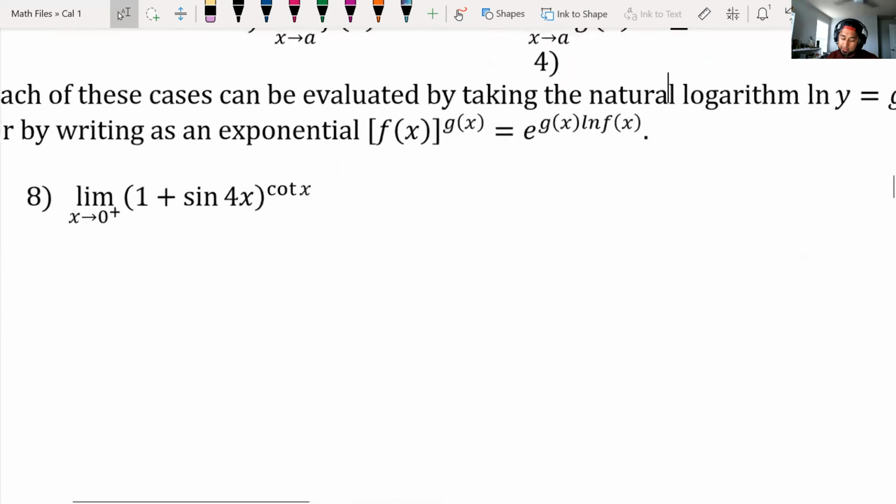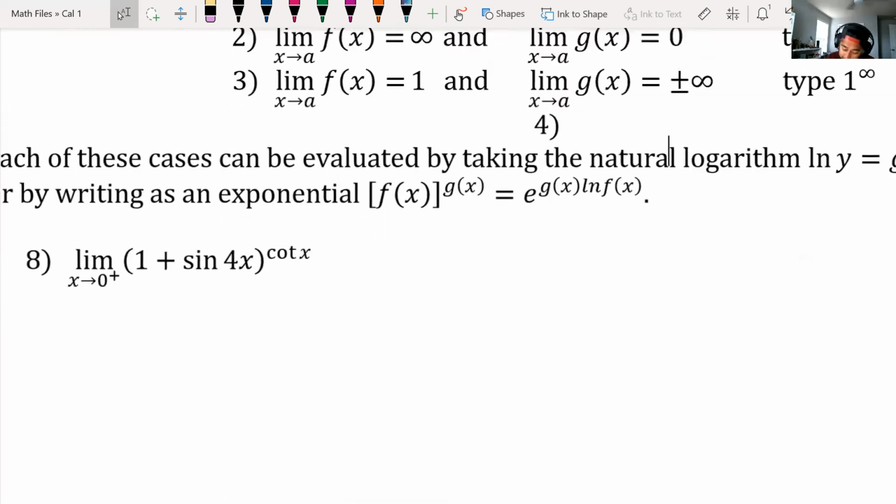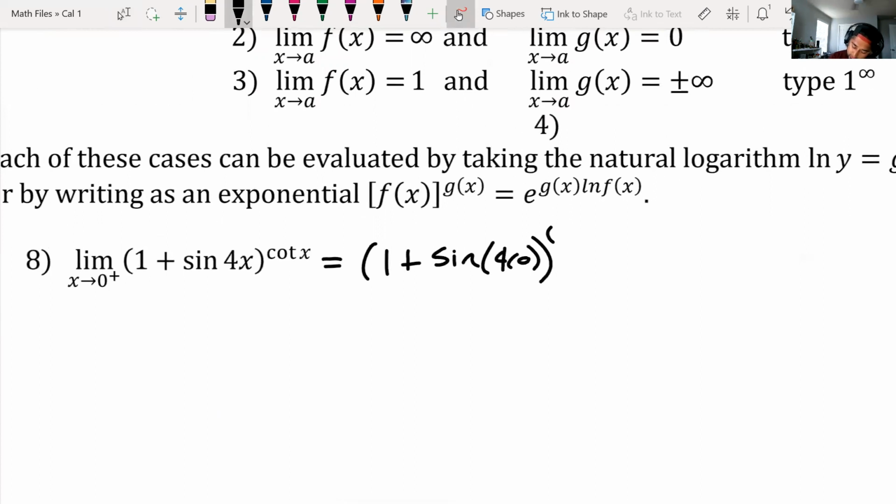Number 8. Of course, we plug in the number first. So we're going to plug in 0. So this would give me 1 plus the sine of 4 times 0, which is just 0, all raised to the cotangent at 0. Well, the inside becomes 1 plus sine at 0, which is 0. And cotangent at 0 is actually undefined.